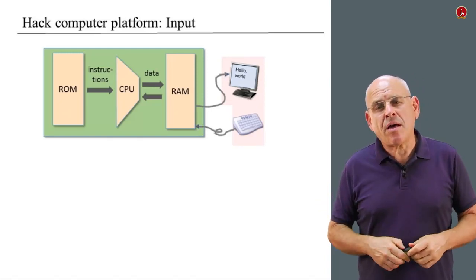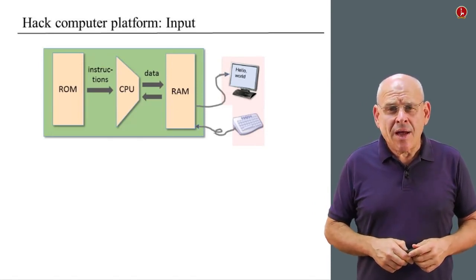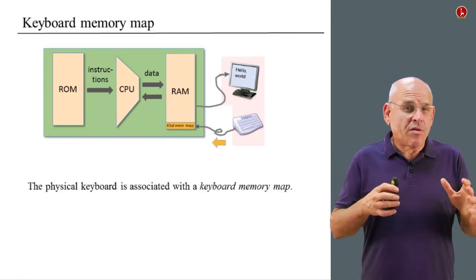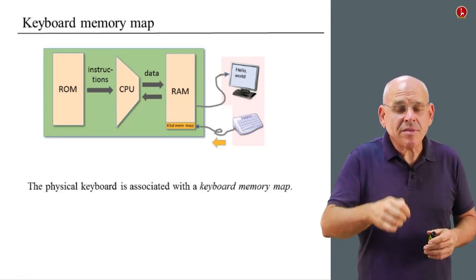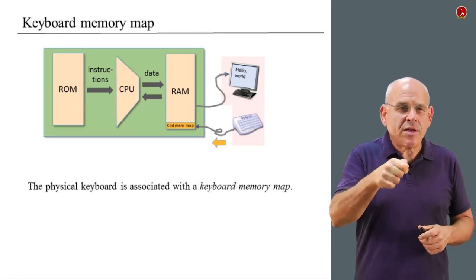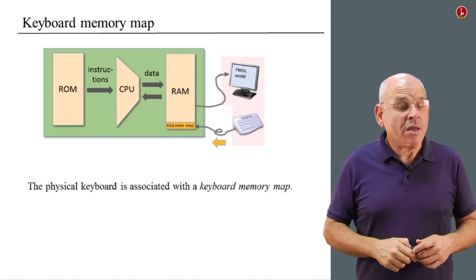How do we control and manipulate the keyboard? Well, the physical keyboard is connected to the computer using a cable. If you trace this cable, you will see that it goes into an area in the RAM which is called the keyboard memory map.